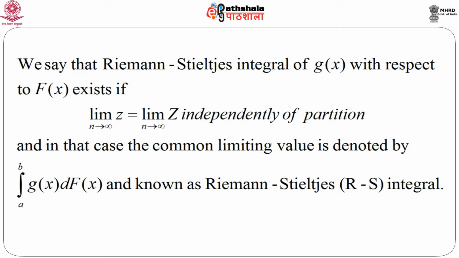We say the Riemann-Stieltjes integral of g x with respect to capital F x exists if these two limits are equal, independent of any partition that we consider, provided that n goes to infinity and the maximum of the ith subinterval length goes to 0. In this case, the common limiting value is denoted by the previous notation, the integral of g x d f x over a to b, and is known as the Riemann-Stieltjes integral.